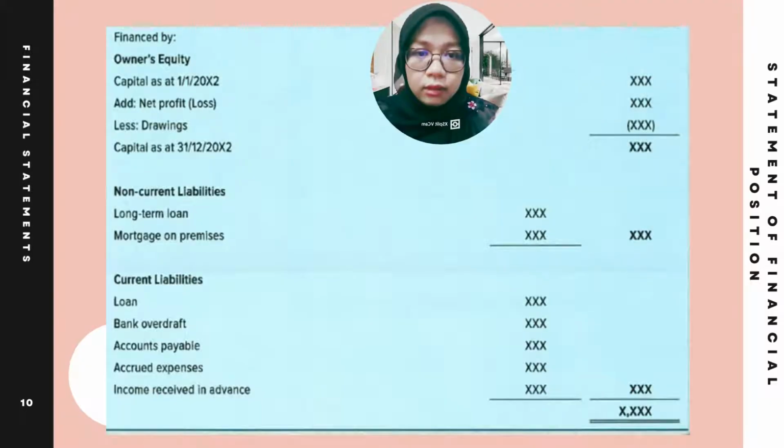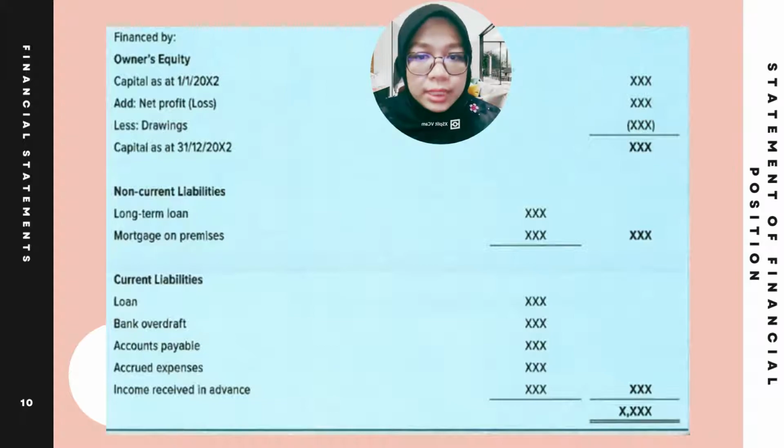After calculating your assets, current assets plus non-current assets, we will add the owner's equity: the beginning balance of the capital, plus any net profit or minus loss, and then minus any drawings made by the owner, and then you will get the capital balance at the end.